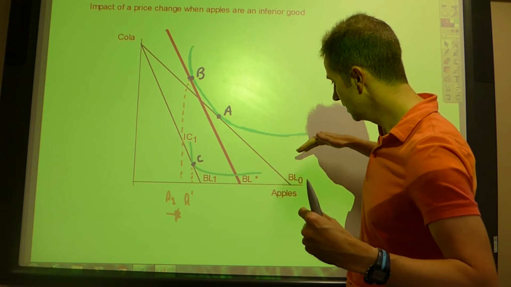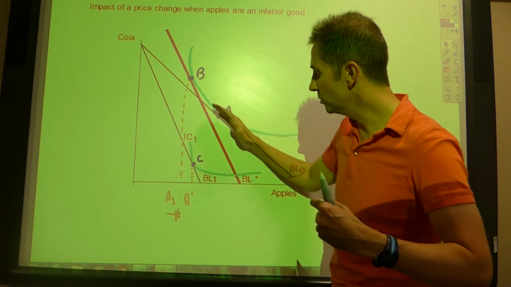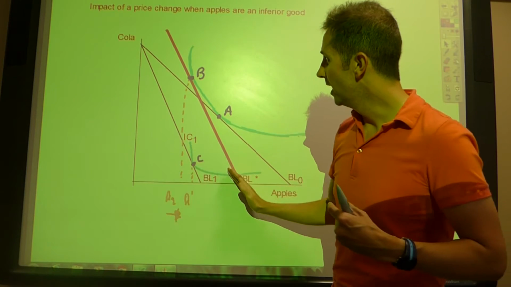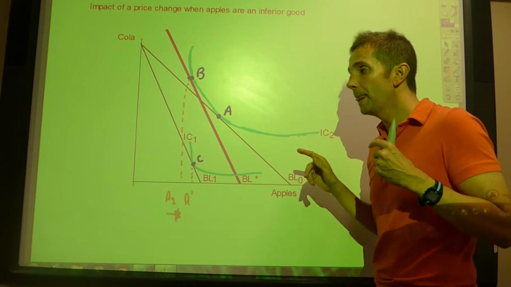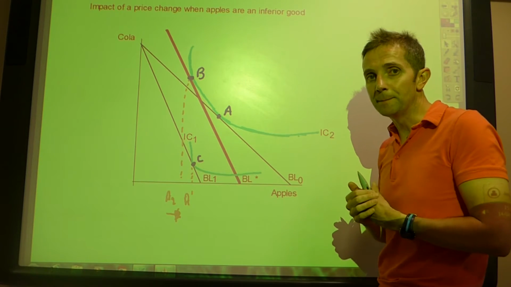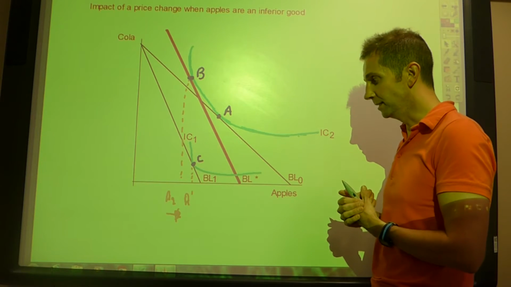Once that has kicked in, and we've now moved from this shallow curve to this steeper curve, this budget line, the compensated budget line, is also the same gradient.